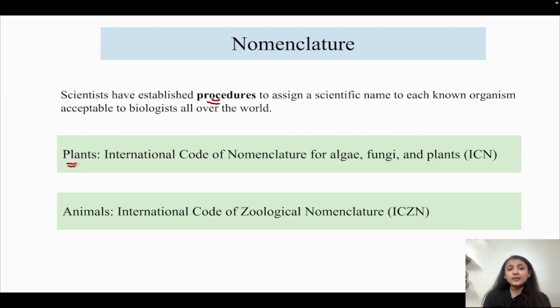For plants, these rules are set by the International Code of Nomenclature for Algae, Fungi and Plants, which is also known as ICN. Formerly it was known as ICBN, International Code for Botanical Nomenclature, but now it is known as ICN. For animals, these rules are set by the International Code of Zoological Nomenclature, abbreviated as ICZN.